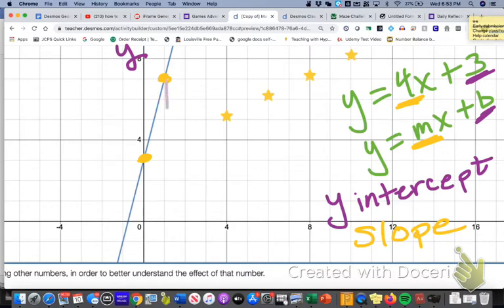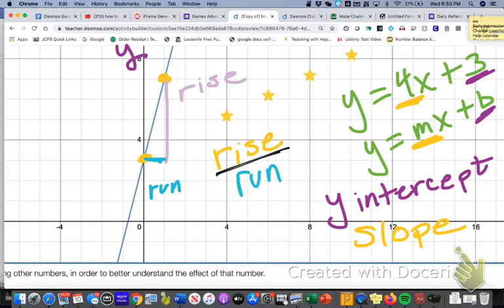Hopefully this is starting to ring a bell for some of us now. So you have your rise, which is the vertical distance between those 2 coordinates, and you're also going to have your run, which is your horizontal distance. And to find the actual slope, you take the rise, and it goes over the top of the run in the format of a ratio.